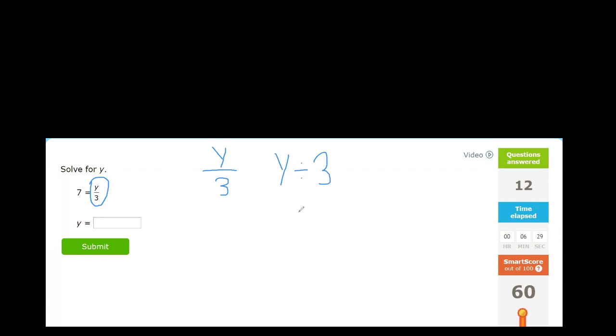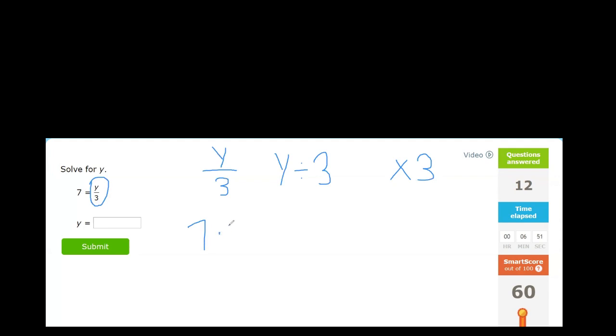We're dividing. What is the opposite of division? It's multiplication. What are we dividing by? Well, we're dividing y by 3. So the opposite of dividing by 3 would be multiplying by 3. And so that's what we're going to do to both sides.